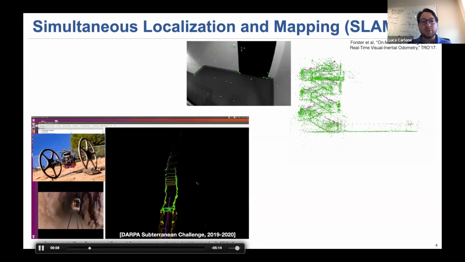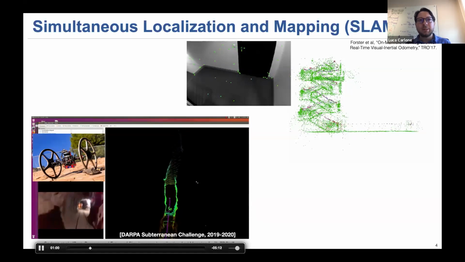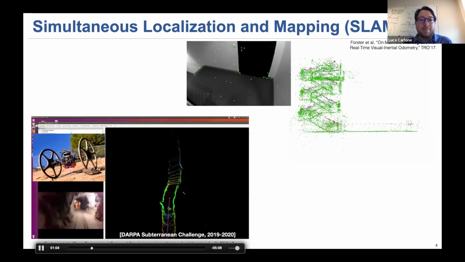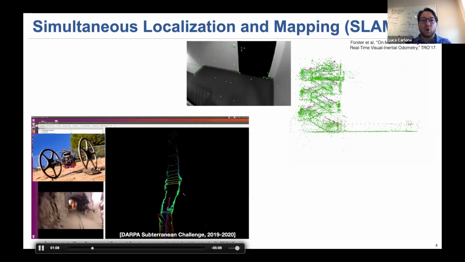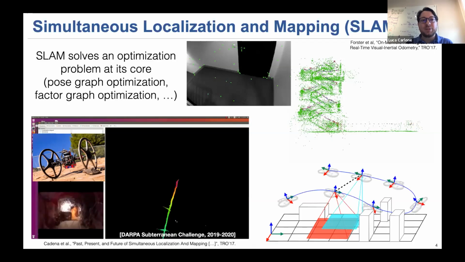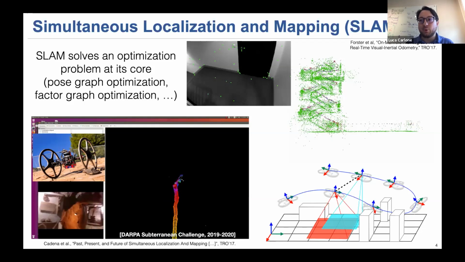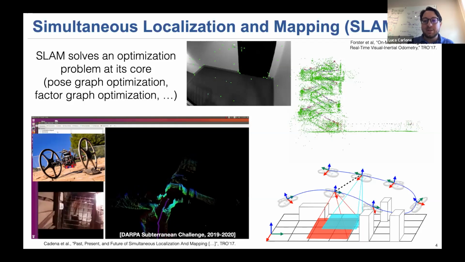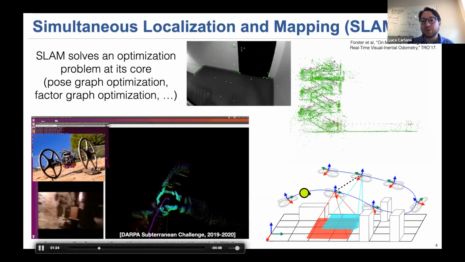But for the sake of this presentation, the message I want to give in this slide is that despite the apparent complexity of these SLAM problems, with complex sensor data, LiDAR, cameras, inertial measurements, the basic message is that SLAM at the very core is solving an optimization problem. And in its most common form, this optimization problem is about using sensor data to figure out the trajectory of the robot.